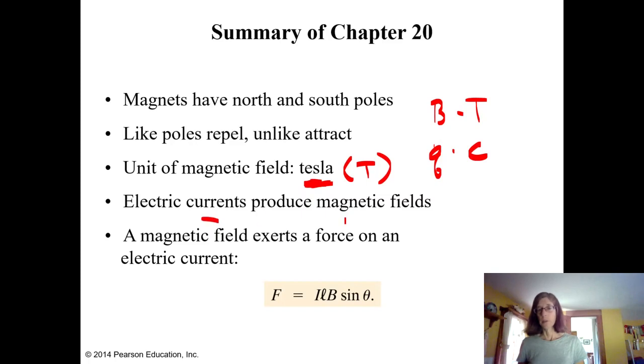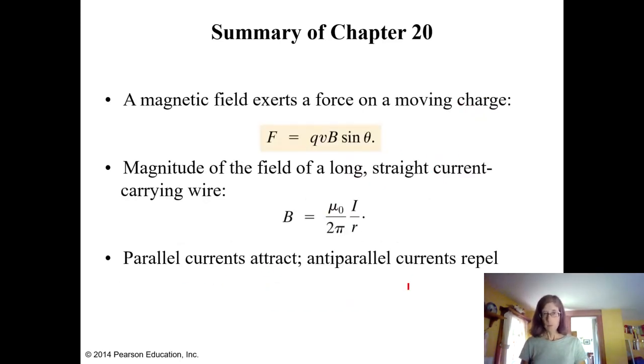We know that electric currents produce magnetic fields, and the field exerts a force on an electric current, and that's equal to this equation. And if there's a moving charge, the field exerts a force on a moving charge. We also talked about the fact that if you've got a long straight current carrying wire, there's going to be a magnetic field around it.